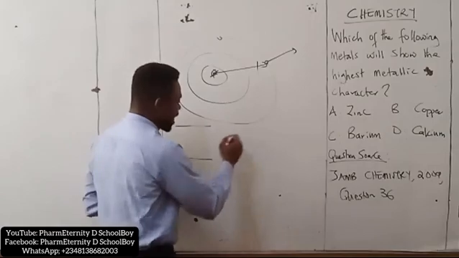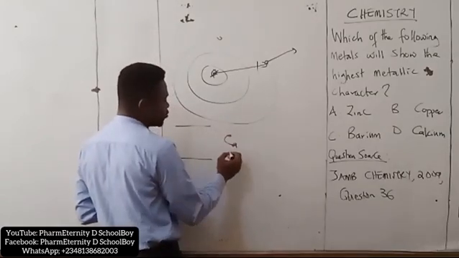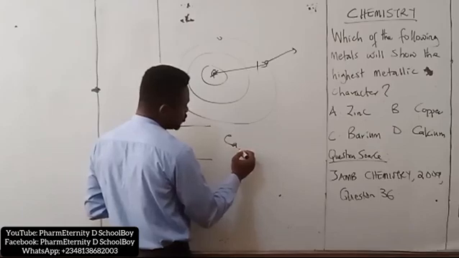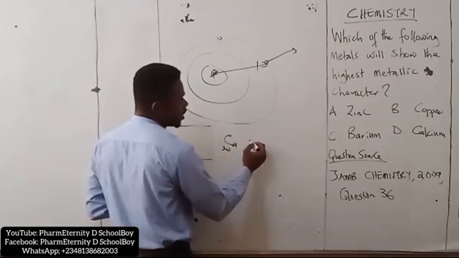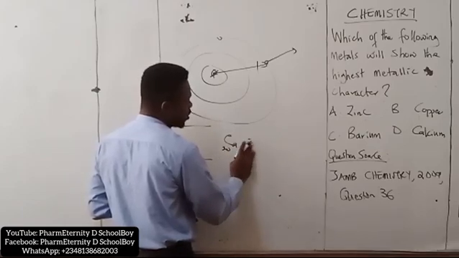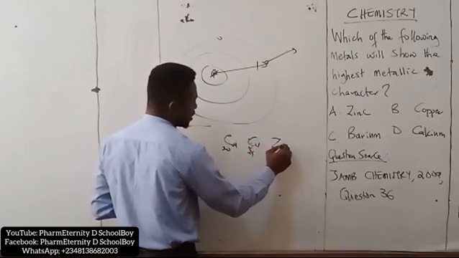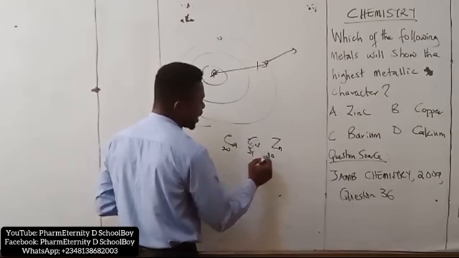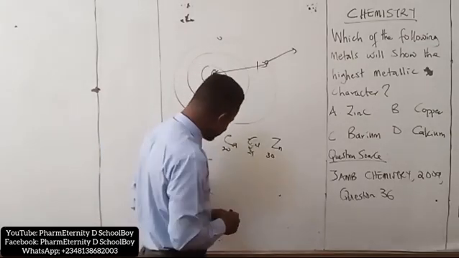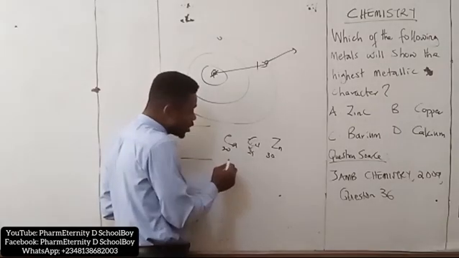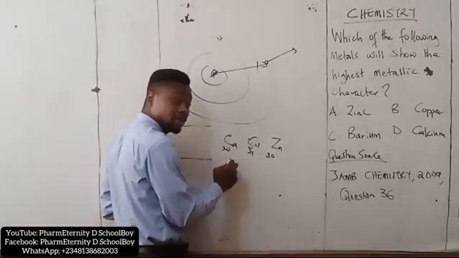Calcium is 20, copper is 29, zinc is 30. As you can see, they are in the same period, period 4.